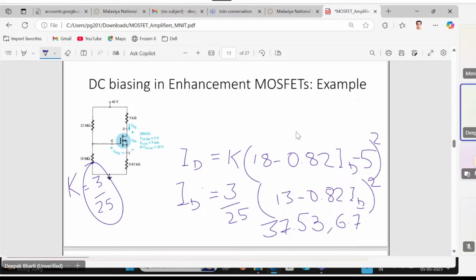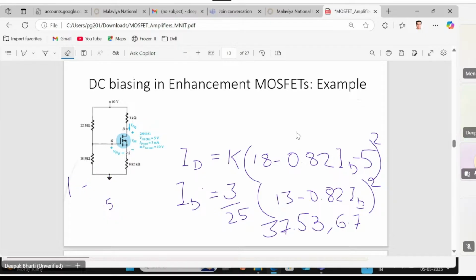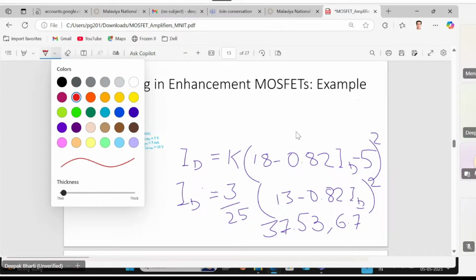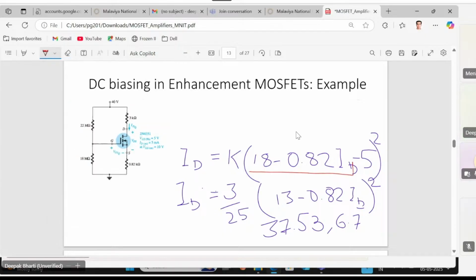Now which value to select? Again we can take the help of the transfer curve and the load line. What was the equation of the load line? It is written over here. This is the load line.